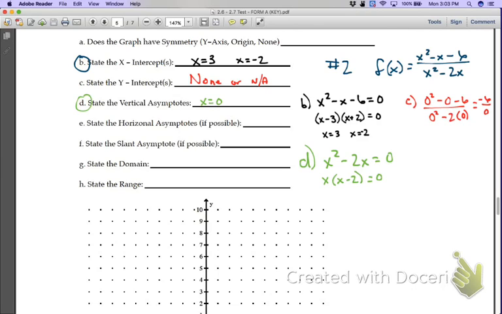Zero and positive 2. Once you figure out your asymptotes, I would go ahead and draw them on your graph.